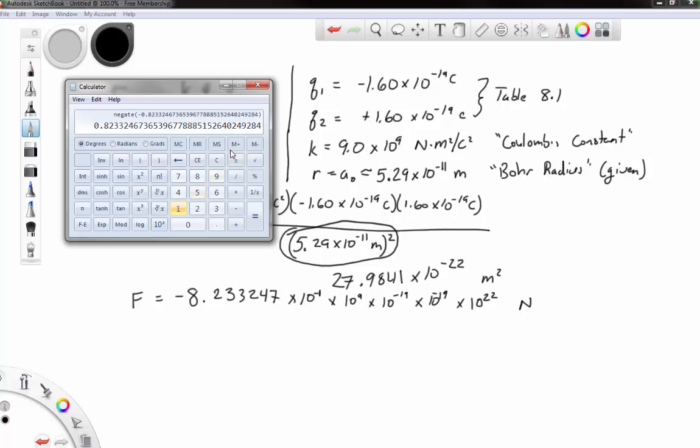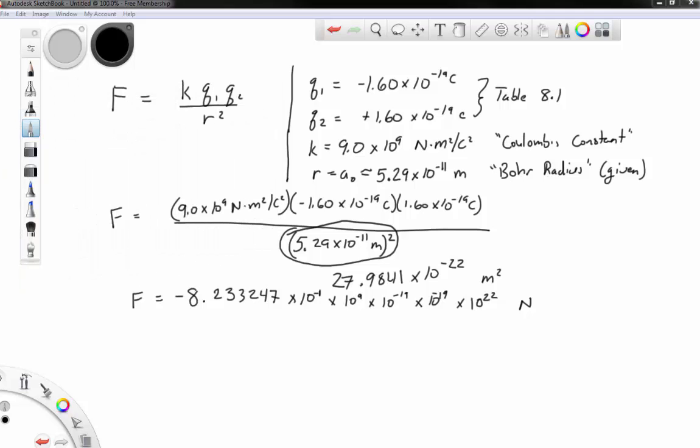Minus 1, plus 9, minus 19, minus another 19, and then plus 22. So the total power of 10 is going to be negative 8. So this basically means that this force is going to be 8.23347 times 10 to the minus 8 newtons.